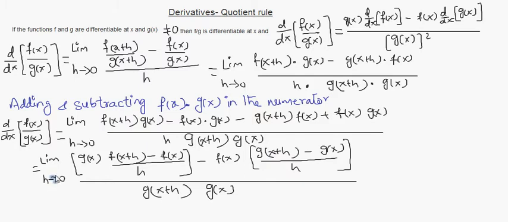So now applying limits as h approaches 0 to each term in the numerator and also in the denominator, that gives us the derivative of f of x divided by g of x equals, we are applying the limits to each term in the numerator and the denominator.